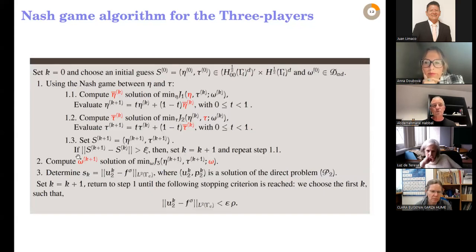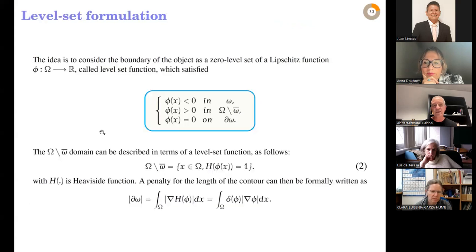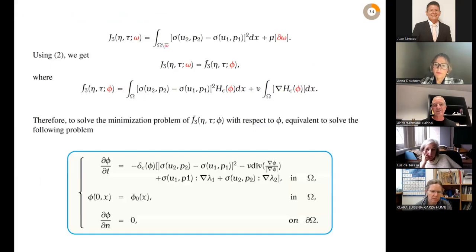So we reformulated the problem 3 by getting rid of the direct dependence on omega. And we did this by having recourse to a level set formulation. So this is a classical method. Let me go quite quickly here.